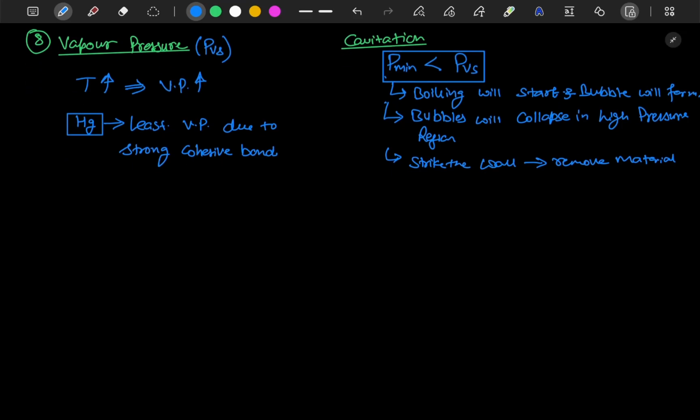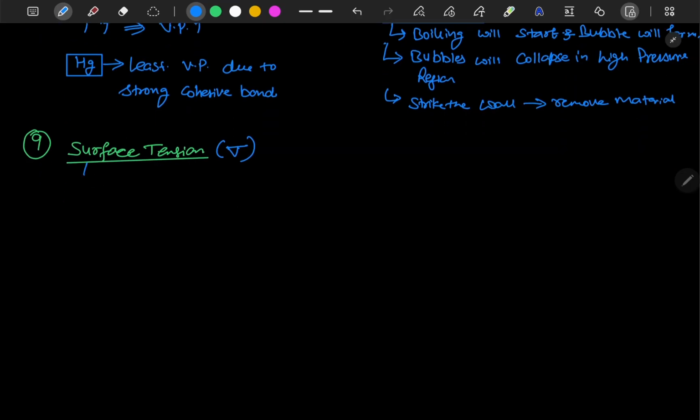Okay, now talking about the next property, which is also an important one, that is surface tension. So this surface tension is represented by sigma, and this is due to unbalanced force.